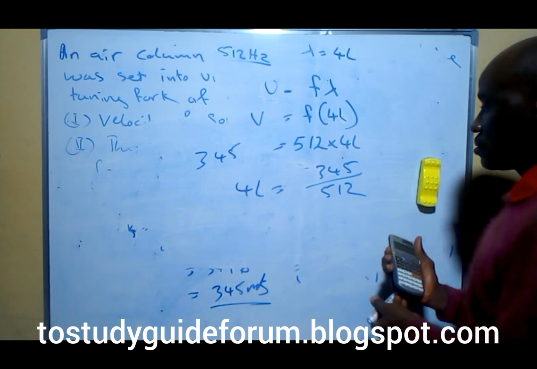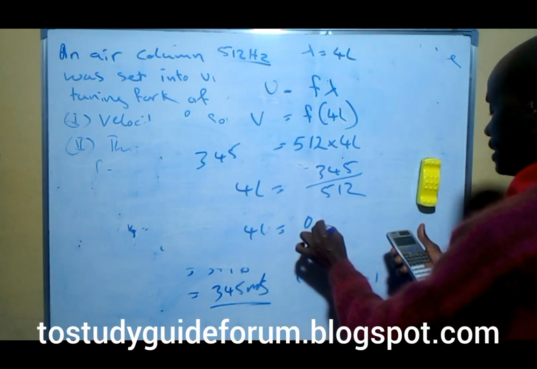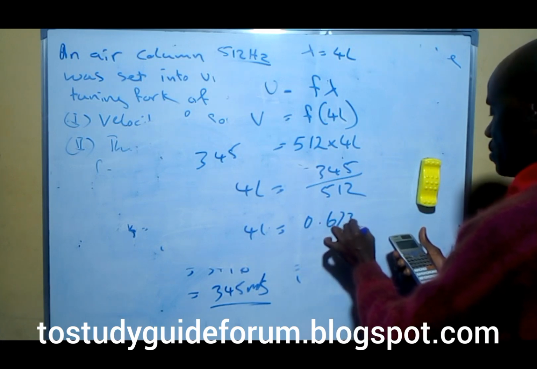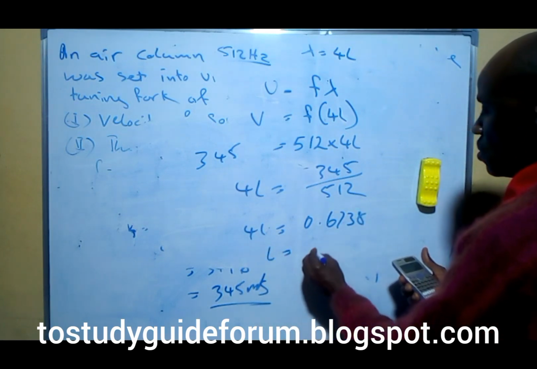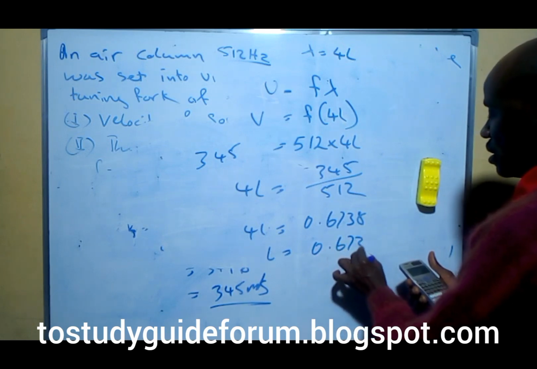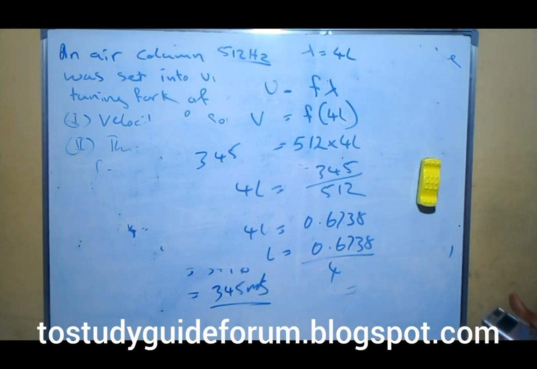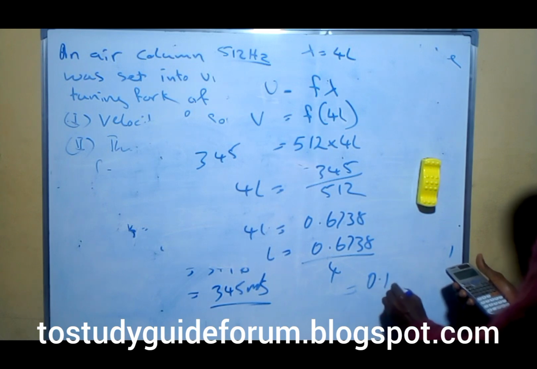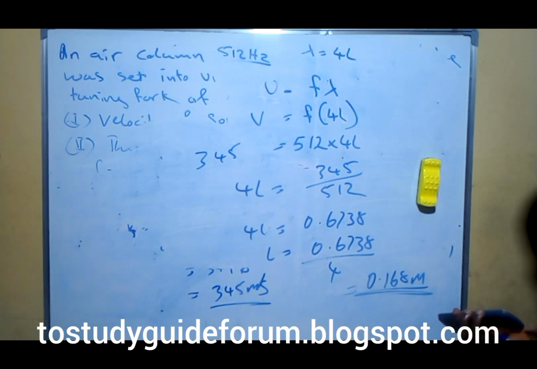That will give us 4L is equal to 0.6738. Then L will be equal to 0.6738 divided by 4, which is equal to 0.168 meter. That is what we have as our length.